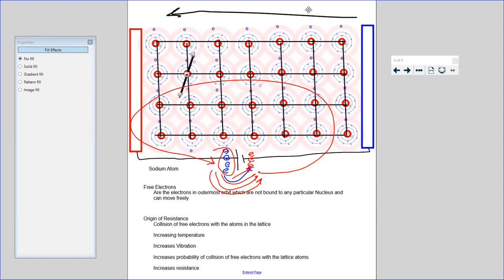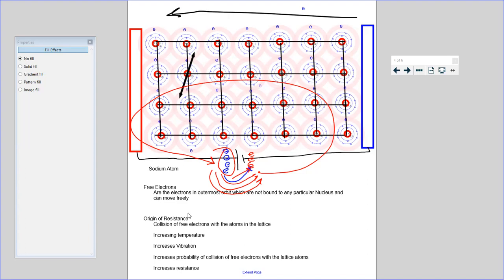Yes. So that makes the resistance. When electrons collide with the vibrating atoms, their flow gets slowed down, hindered, obstructed. That obstacle or hindrance in the flow of electrons is the resistance.